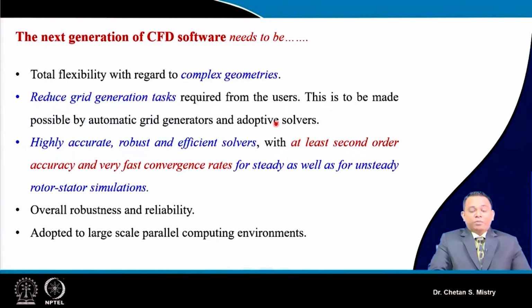A highly accurate, robust and efficient solver with at least second order accuracy and very fast convergence rate for both steady and unsteady simulation is in demand. Overall robustness and reliability are also equally important. Adoption for large scale parallel computing environments is the future.